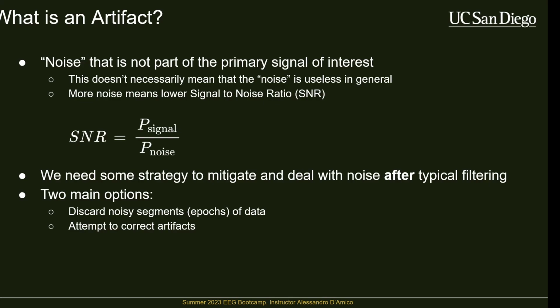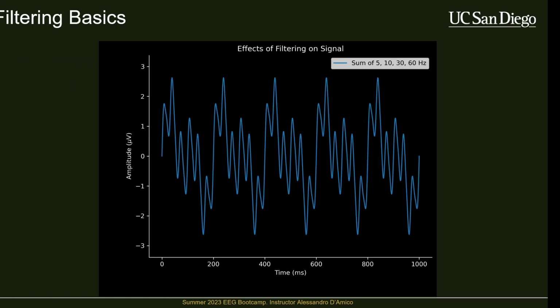We can just say, okay, there's nothing we can do about that. That's corrupted. We're just going to discard those trials. Or we can attempt to correct the artifacts. There are various ways to do this. We can filter the signals. That's the easiest thing, but we can also apply some more mathematically complex techniques to model the noise and then remove it from our signals.